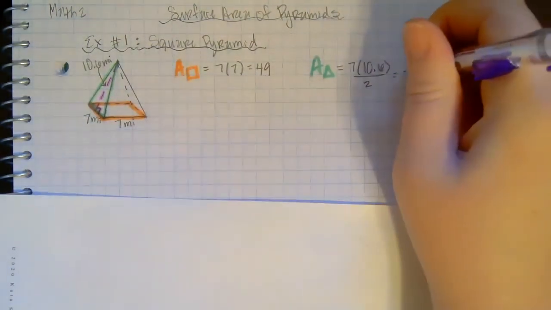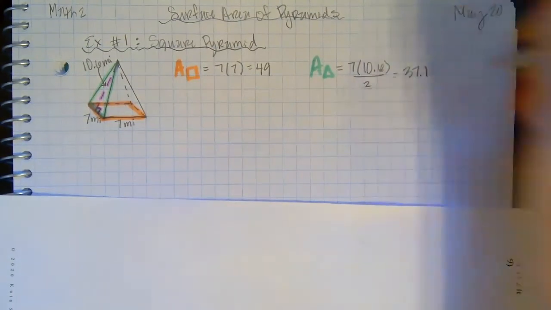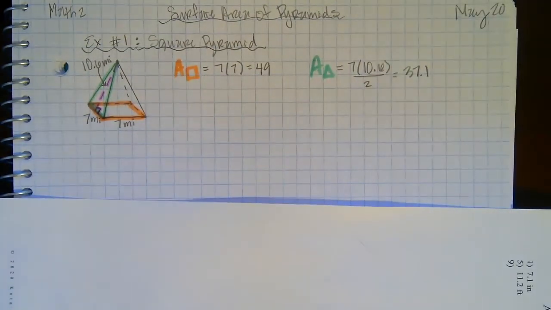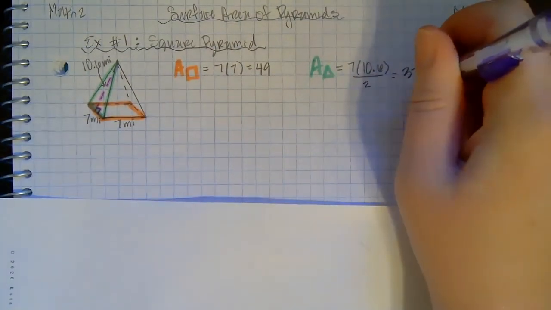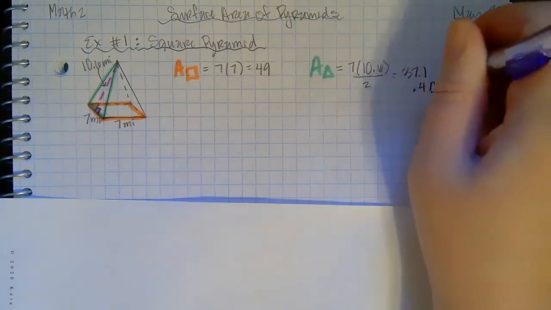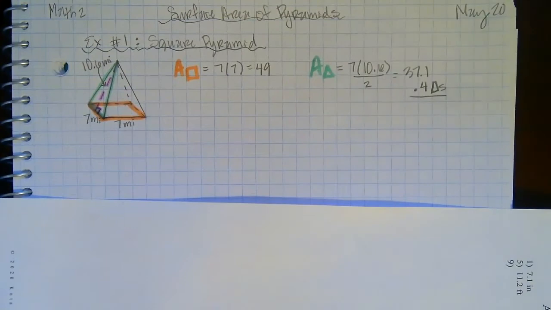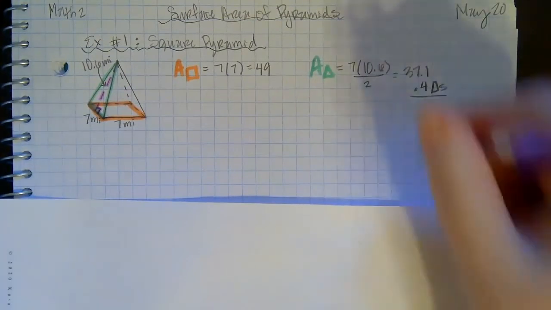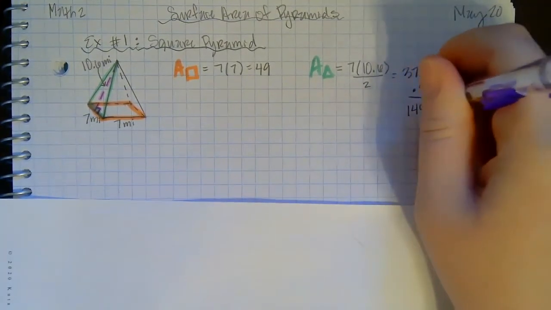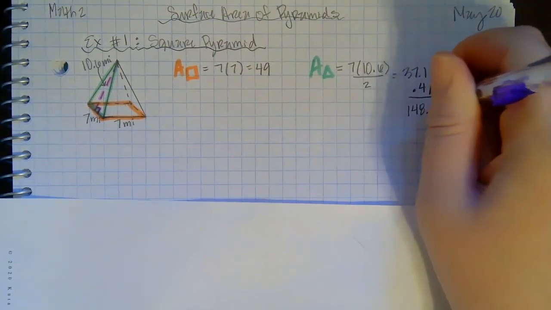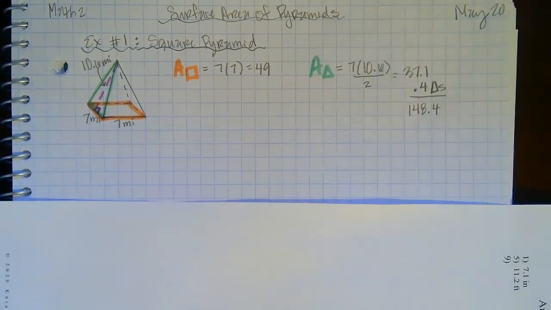And I get 37.1 as my area of my triangle. But remember, there are 4 triangles, so I'm going to multiply by the 4 triangles, or I could add it up 4 times, it's the same. So I'm going to times that by the 4 triangles that there are, and that means in total for the triangles, I have 148.4 for the 4 triangles.